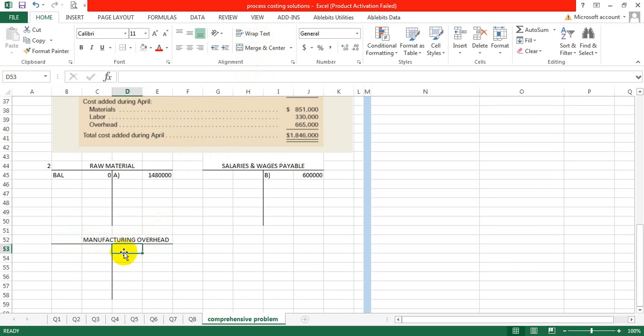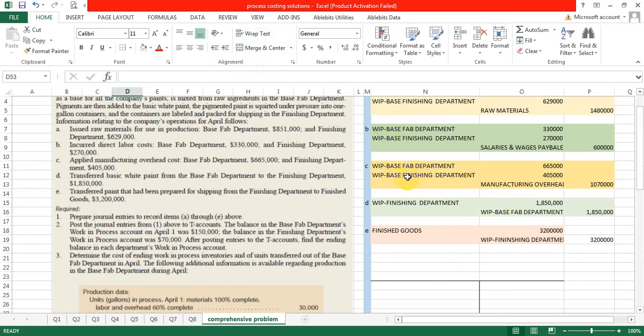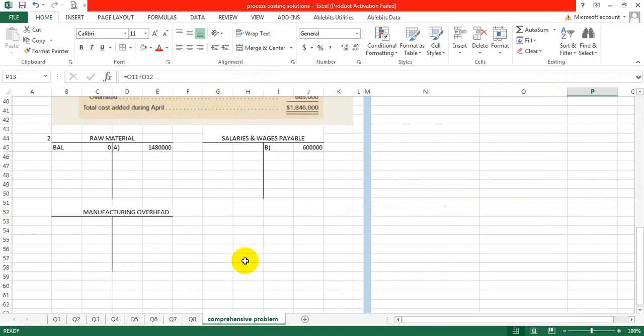That is in transaction C. Check here, manufacturing overhead is 10,70,000. Okay, at this 10,70,000, transaction C, 10,70,000.